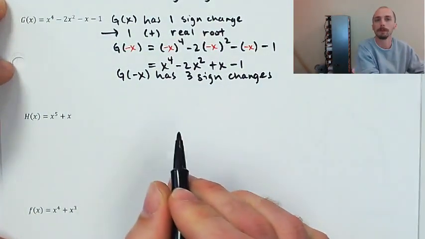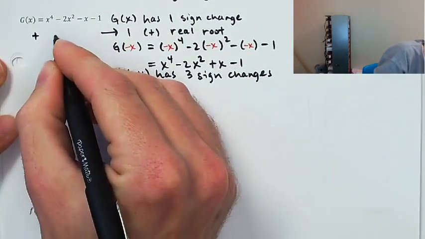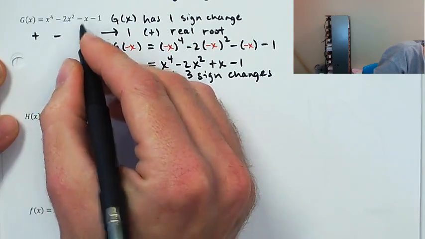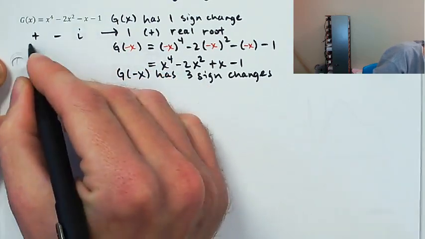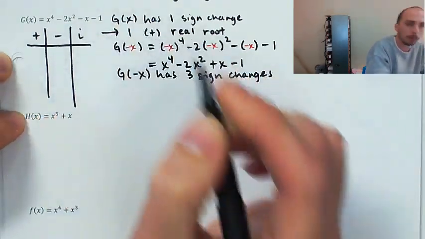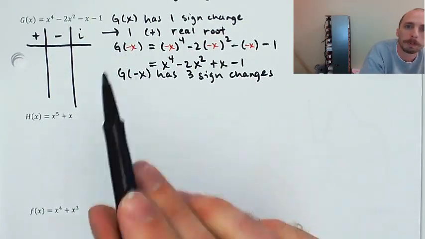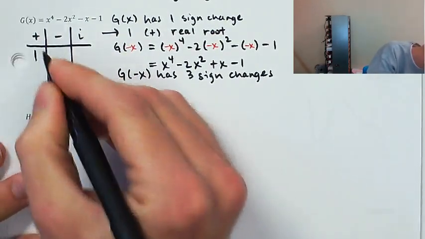So this is going to give us a variety of possibilities. I'm going to make a little table: positive, negative, and imaginary. And we'll fill out some possibilities. Now we know there's always going to be just one positive real root.